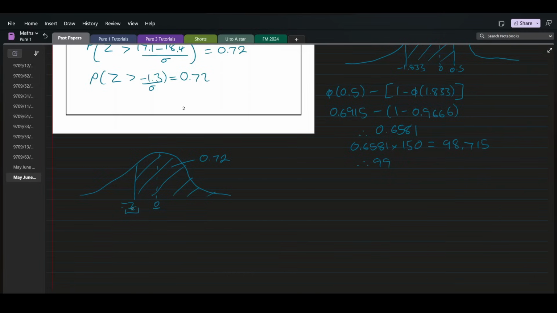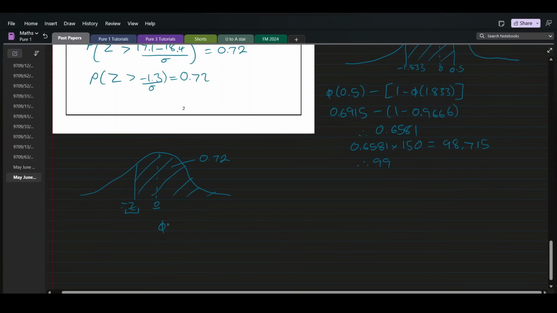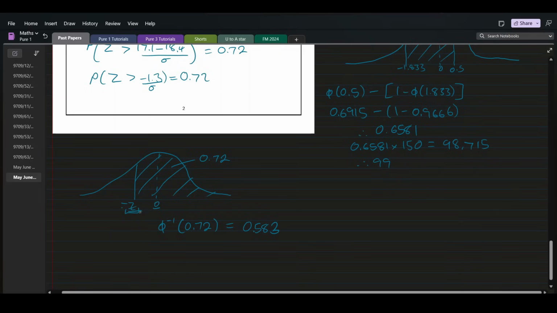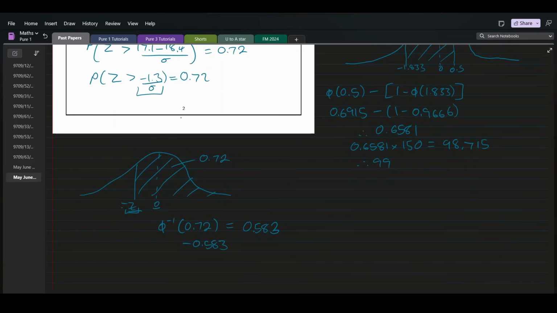So to get this z value over here, we're going to say arc phi of 0.72, which basically means that we're reading the tables in reverse. And if you do that, the z value that you get is 0.583. And we can tell from our sketch here, our z is negative, so this is negative 0.583. Now that z value is equal to negative 1.3 over sigma.